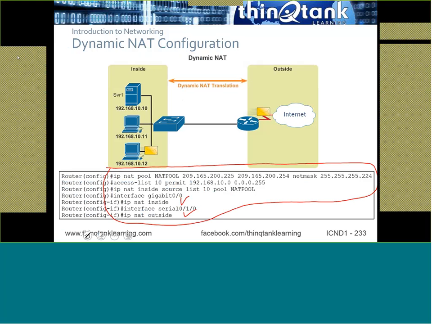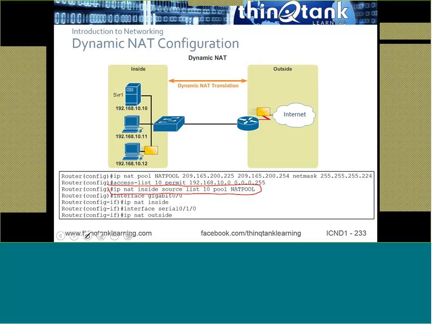In addition, we have our policy. This is my policy. Now, this is where it varies quite a bit from our static policy. We're still doing IP NAT inside. But we're now saying, okay, we're going to translate the addresses that match access list 10. Access list 10 is just above that line.